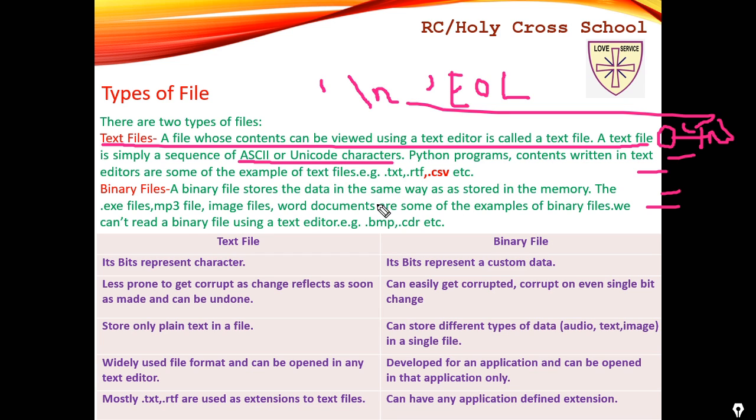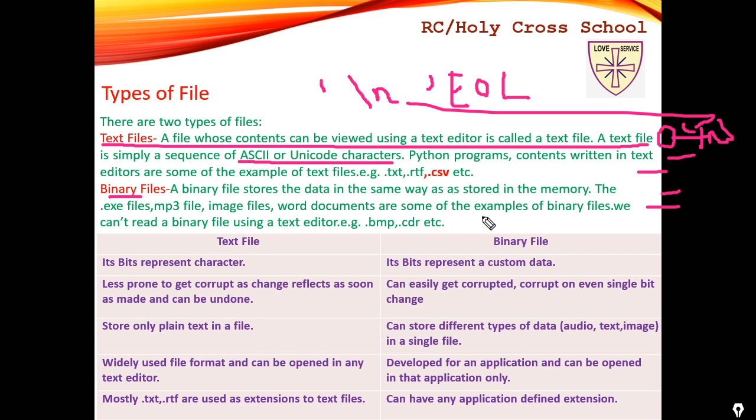But if you look at a binary file, it is almost the same as text, but here the content is in binary form. This text file is in txt form, but the binary file is in what form?